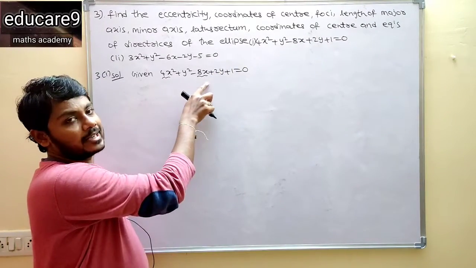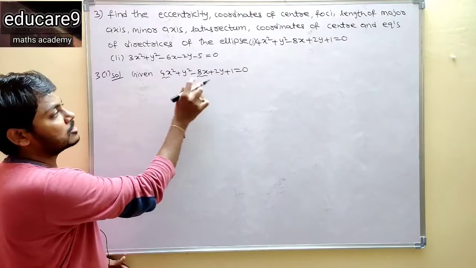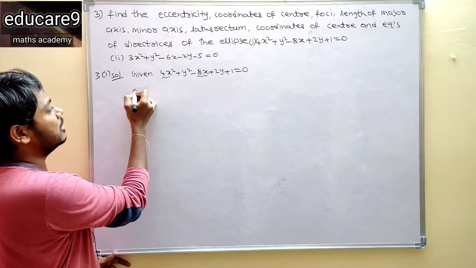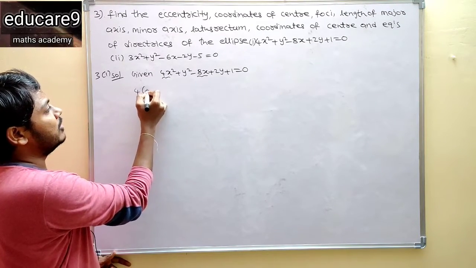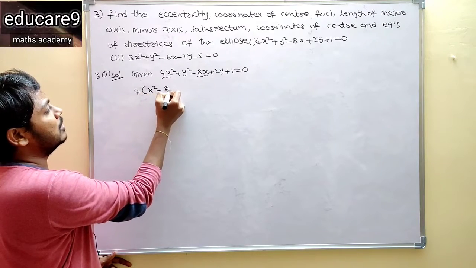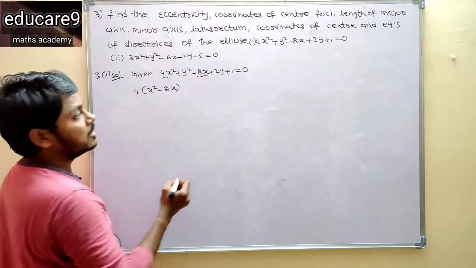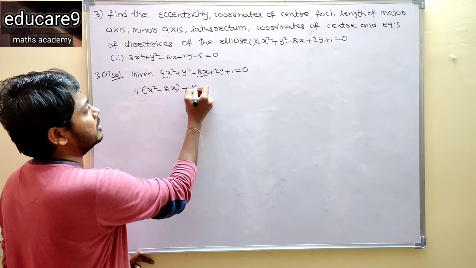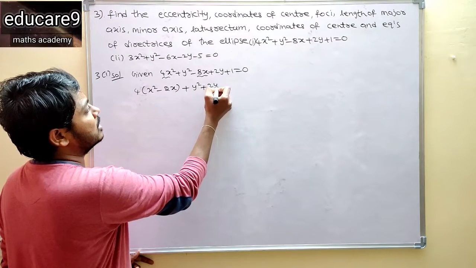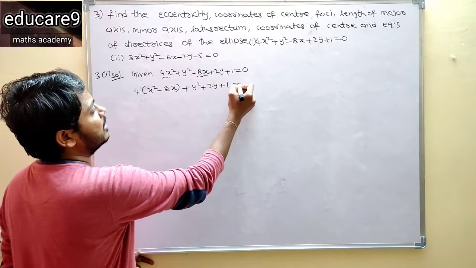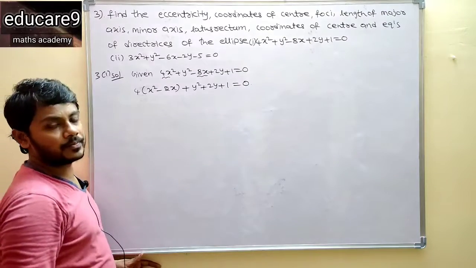First you should write the x terms: 4x square minus 8x. In that 4 is common, you will get x square minus 2x. Next write the y square terms, that is y square plus 2y plus 1 is equal to 0.